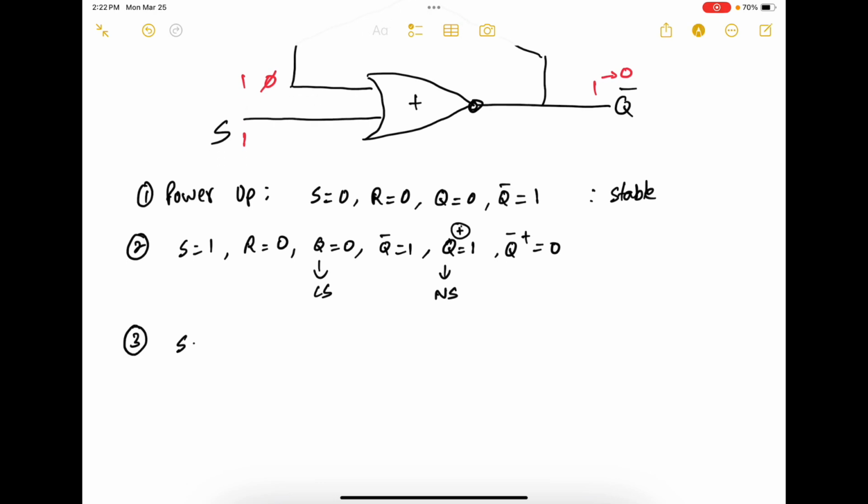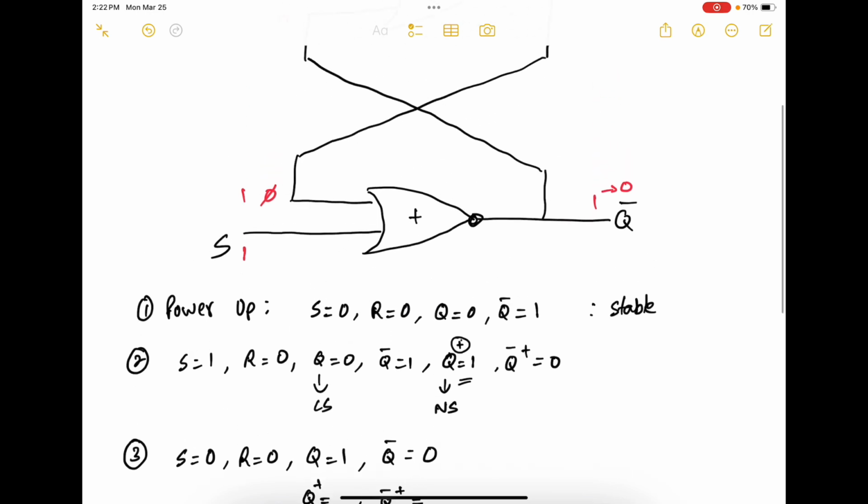Now what if I change S to 0, R to 0, and Q plus was 1 in the previous step. Now that is going to be Q, which is 1, and Q prime will be 0. So what are Q plus and Q prime plus? So let's figure that out.